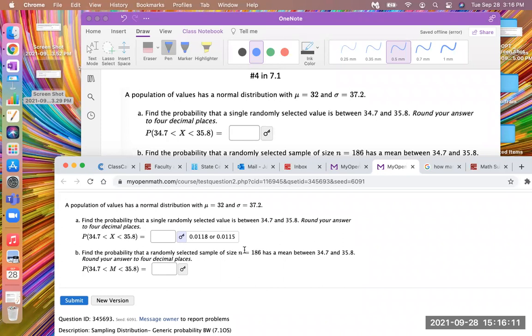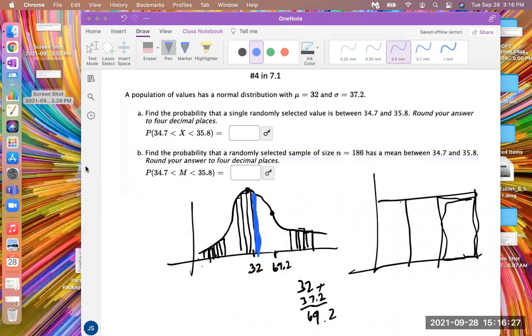Now, with this one, they're talking about the distribution of a mean. Something that we find out is that you'll have a distribution of certain values.